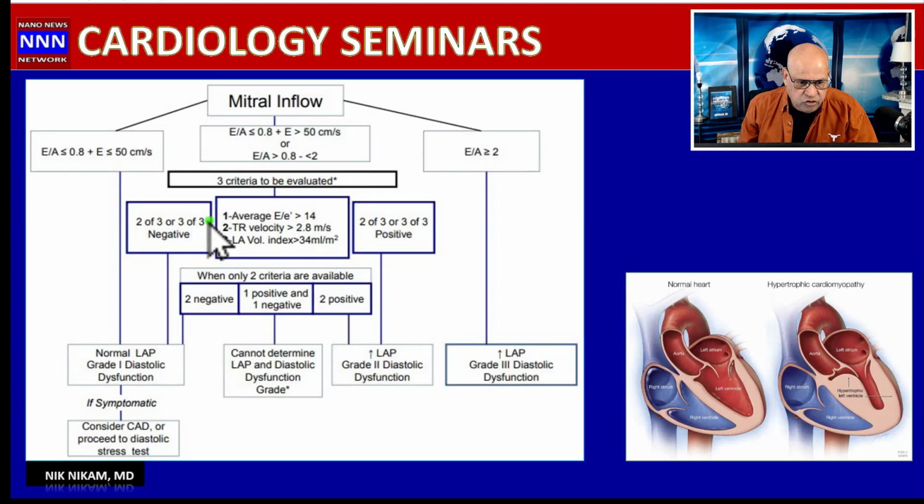By taking these three parameters, if all these three parameters are normal and there's no tricuspid regurgitation, the left atrial size is normal, and E prime is greater than 14, then if E to E prime is less than 8 and E is less than 50 centimeters, that's normal.